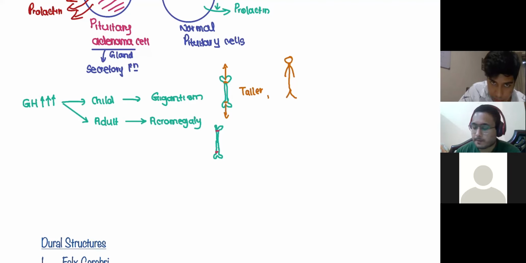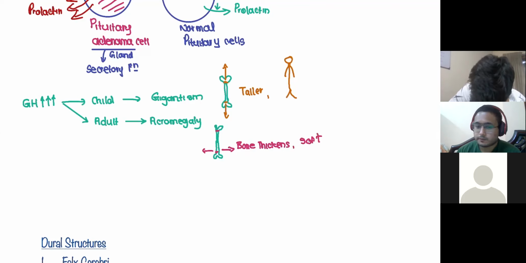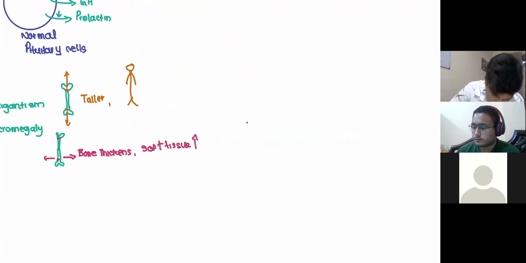But no one said that the bone can't grow this way. The bone can thicken. So bone thickens, soft tissue increases, and this is best seen in the face.